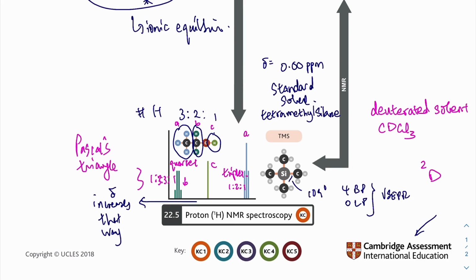Deuterium is 2,1, the same as 2H1. It's also hydrogen, but it's not just one proton, it's got one proton and one neutron.